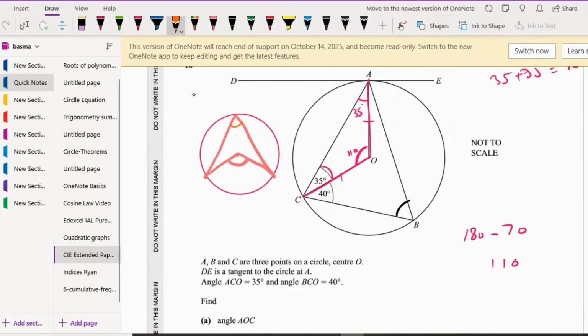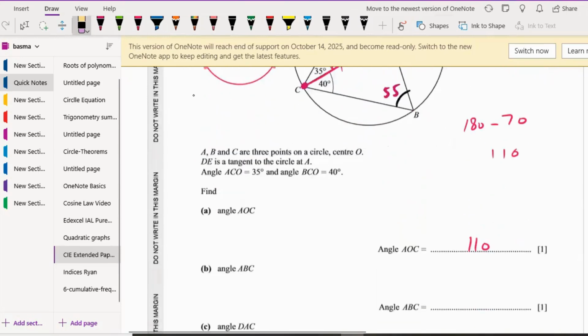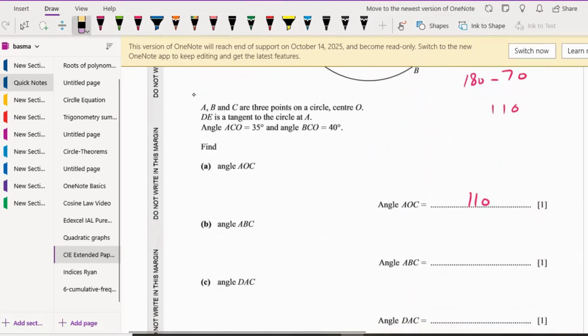So if you notice, the points A and C are making an angle at the center as 110, and they are also making an angle at the circumference, which is B. So we know that the angle at the center is always double the angle here. So angle at B will be half of 110. Half of 110 is 55. So angle at B is 55, right? Angle at B is 55.